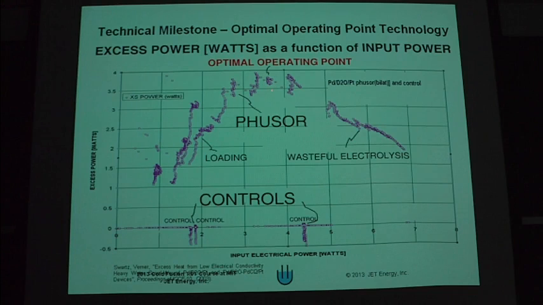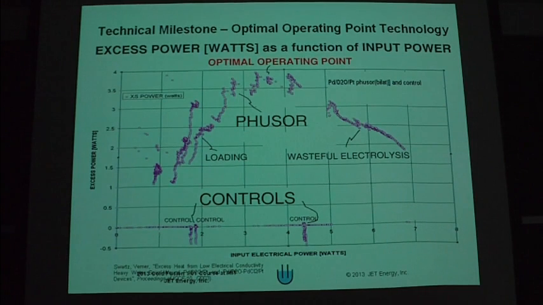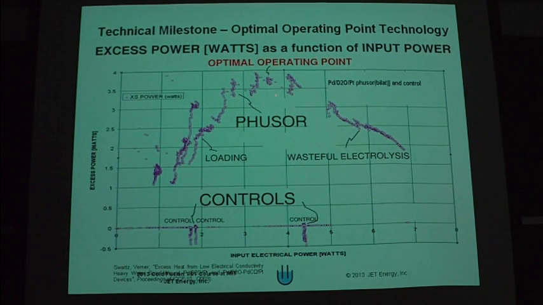Here we're having our peak, and beyond here we're getting wasteful electrolysis. I believe that when the bubbles form, we are actually not permanently damaging the system like a crack, but partially handicapping the system by cooling it, by removing the material we want to load and to flow through it. So we try to minimize the bubbling. So that's here, this is what we call the optimal operating point.